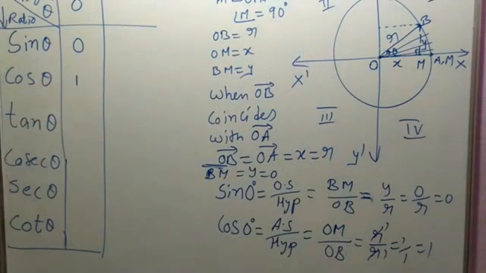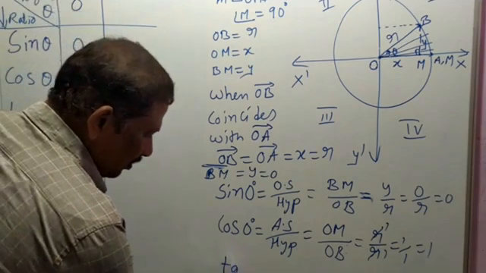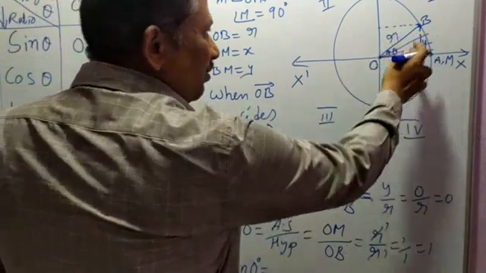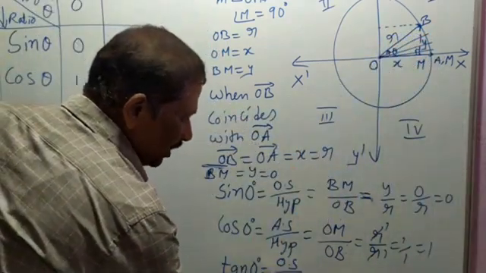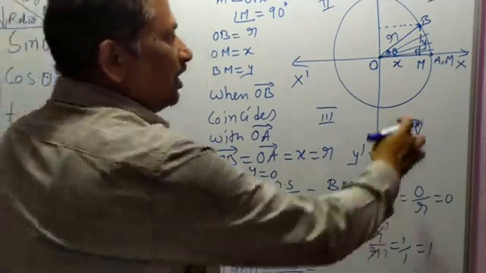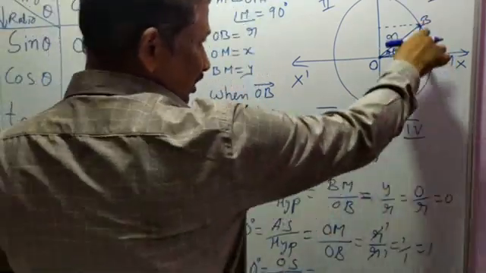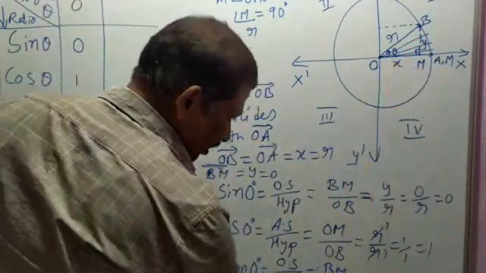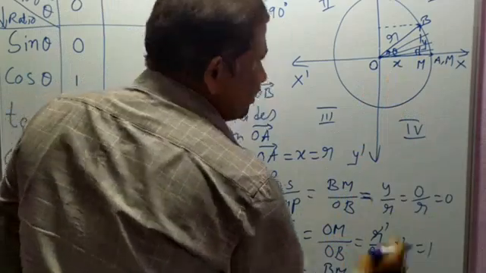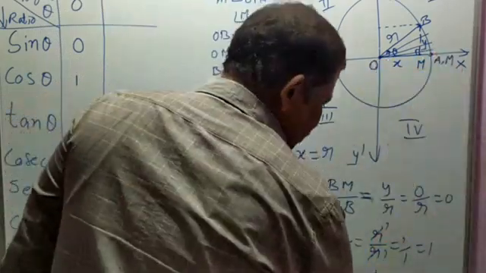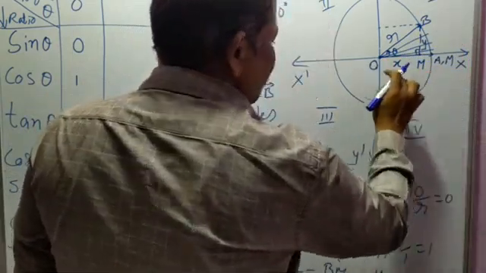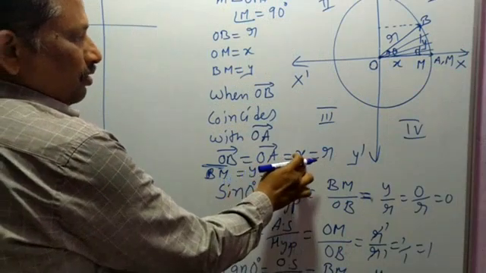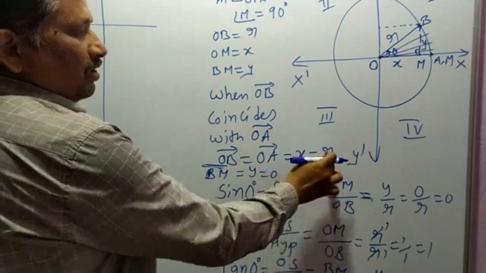Next, coming to tan 0 degrees. Tan is opposite side by adjacent side. The opposite side is BM, which is y, and it becomes 0 now. The adjacent side is OM, which becomes OA, and x is equal to r.